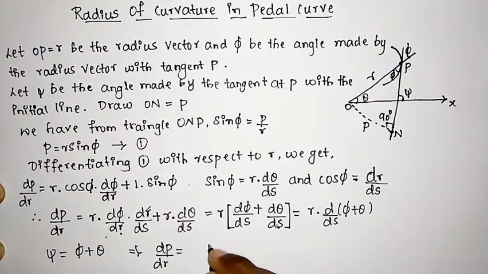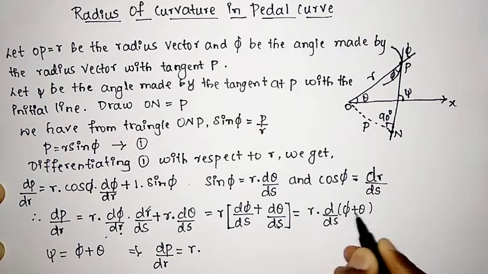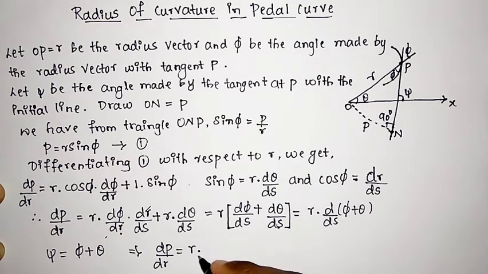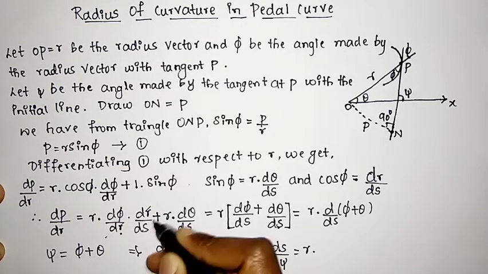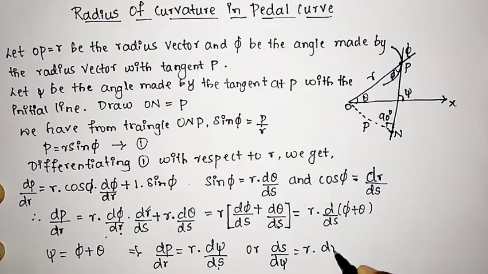So dp upon dr is equal to r into d psi upon ds, or you can write ds upon d psi as r into d phi upon ds, or ds upon d phi will be r into dr upon dp.